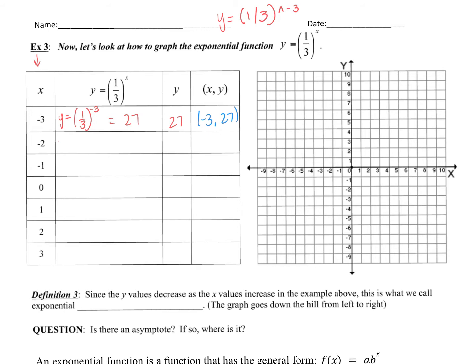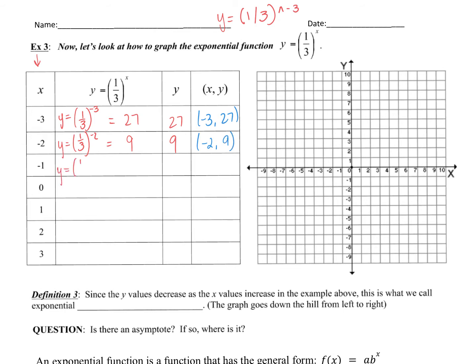Then you're going to do the same thing, but now your x value will now be a -2. And in this case, you're going to get a positive 9. So same thing in your calculator, y equals, open the parenthesis, 1 divided by 3, close the parenthesis, caret, -2. Okay, so your point is -2, 9.